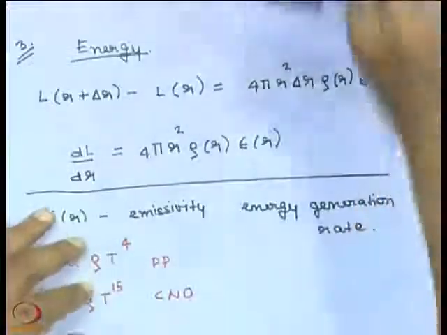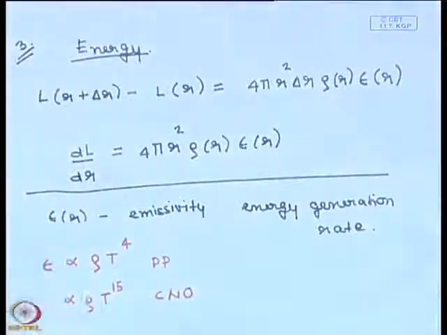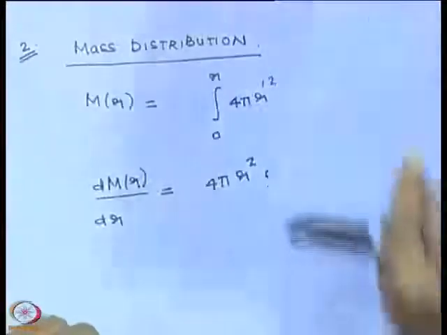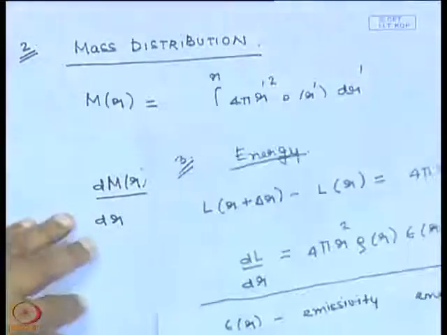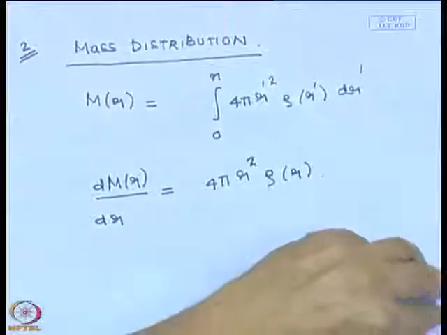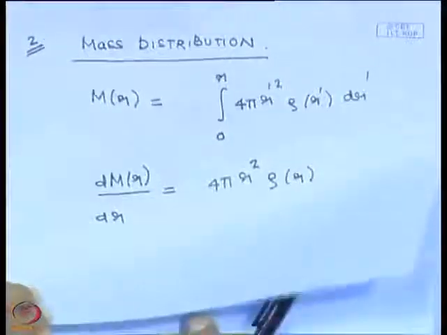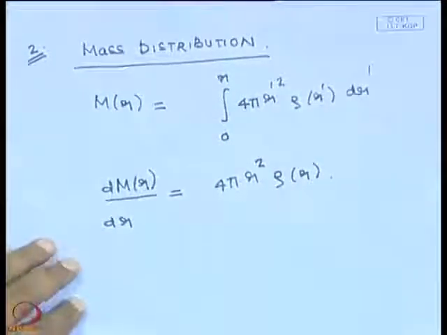The second equation tells us how the mass changes as we go along the radius of the star.